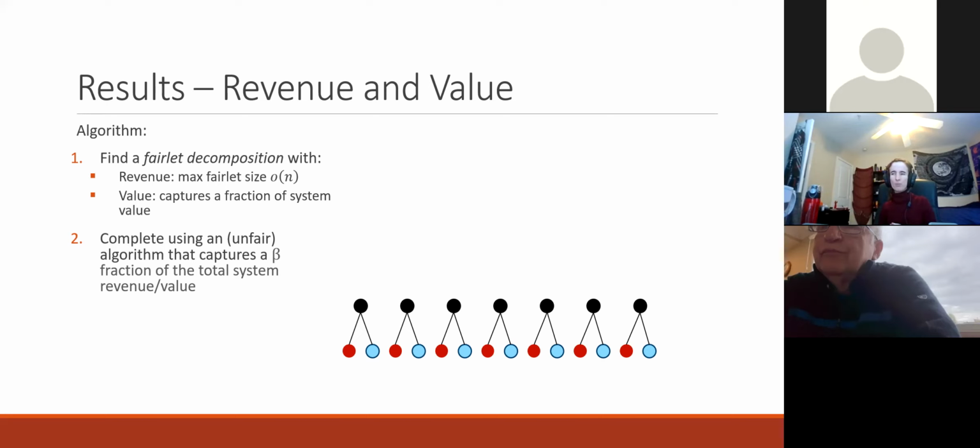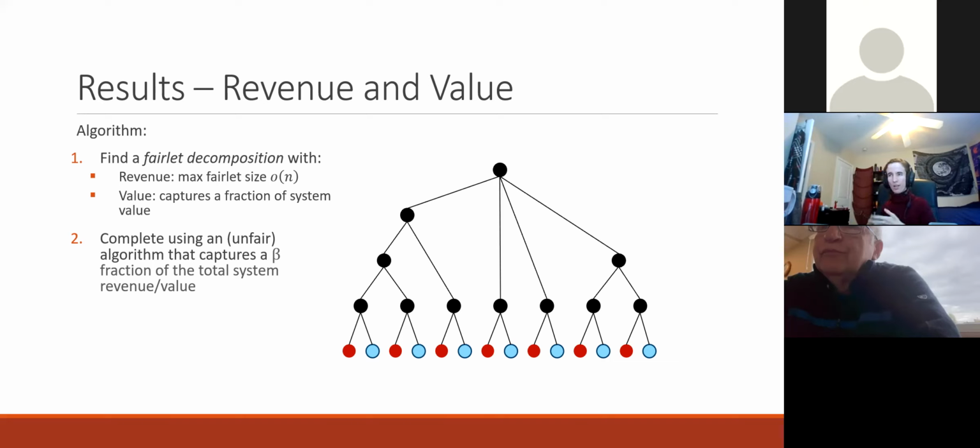Fortunately, a lot of existing algorithms that approximate revenue and value show this, as opposed to a simple approximation. So if we run one of these algorithms on top of our initial fairlet decomposition, it will construct the hierarchy however it wants. And what we can show is that this algorithm, creating a fairlet decomposition and then running an unfair algorithm, achieves an asymptotic beta approximation for revenue and value.